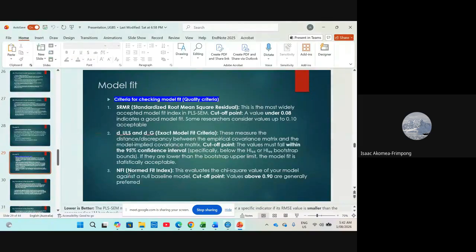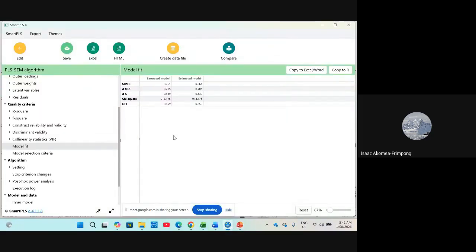Now the next one is the normed fit index. This evaluates the chi-square value of your model against a baseline model. The cutoff point should be above 0.9. Let's go and see. Yeah, so here we are seeing that with our chi-square, we are having a high value, even though our NFI is lower.